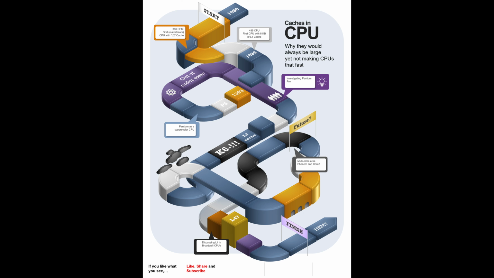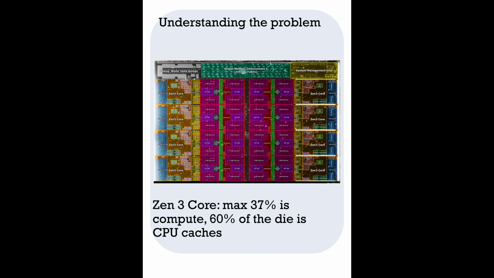Did you ever wonder why the processors have most of the transistors using the caches? If you don't know what I'm talking about, take the Zen 3 cores, or module, or however it's named, which has 8 cores.